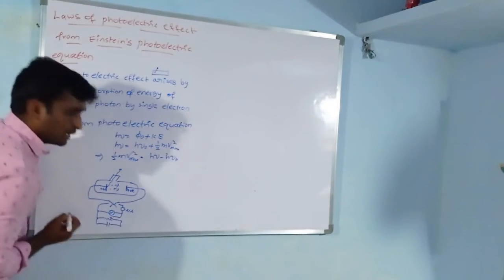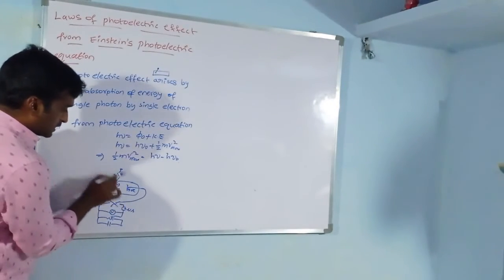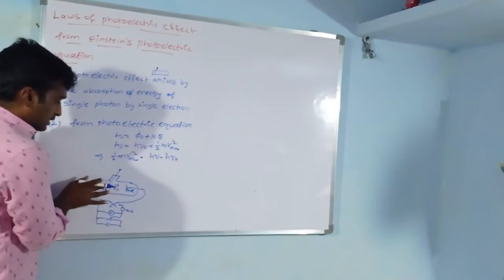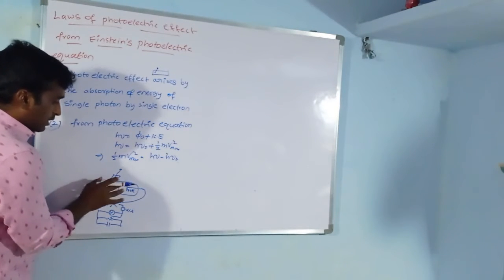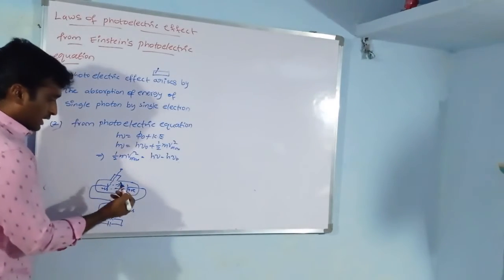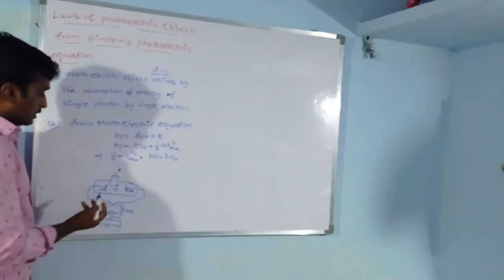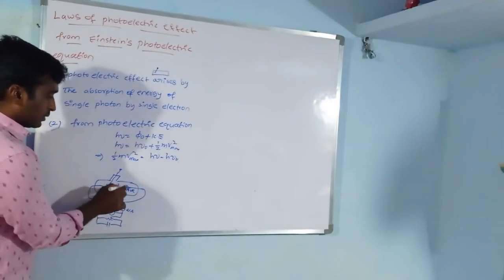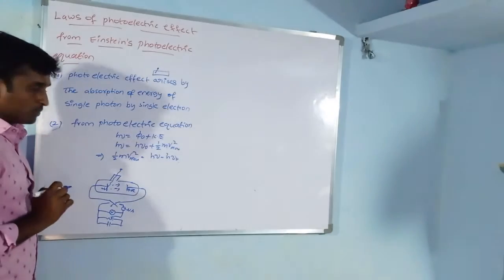This is a microammeter. Now when we give a negative potential to the anode, the electrons coming from the emitter get repulsion. Due to the repulsion, the photocurrent decreases gradually. At some negative potential, the total current becomes zero. That potential is called the stopping potential.